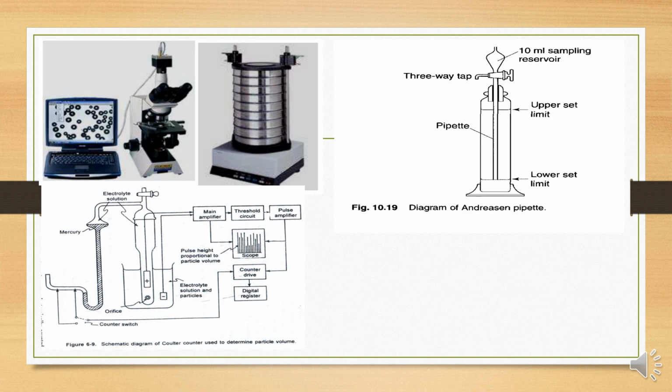While telling about the disadvantages, we have to mention that this method is unsuitable for polar and highly water soluble material. These are the main points you have to write if you are asked an essay about particle size determination, where we have to study any two methods specifically. Sometimes they ask about Andreasen pipette, particle counter, sedimentation, like that. This is a very important portion of this micromeritics chapter, so don't miss it.